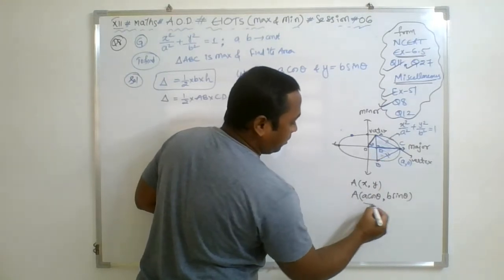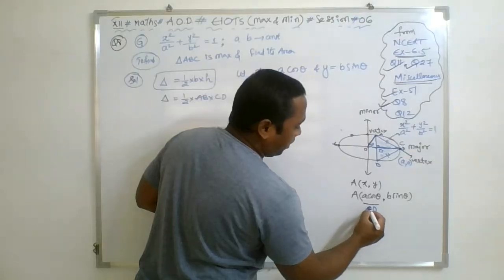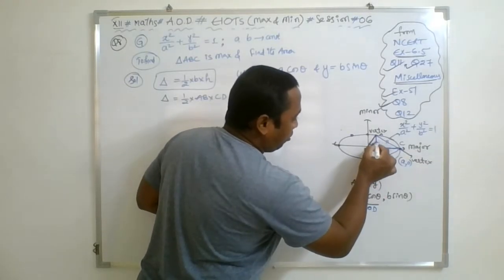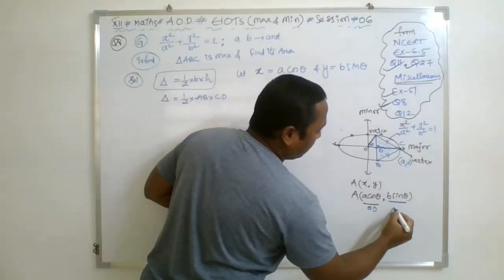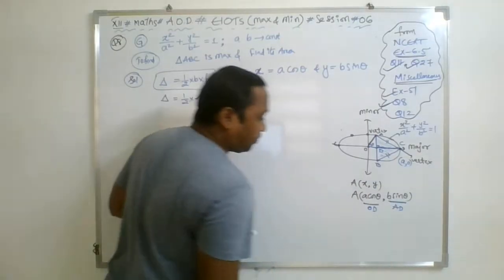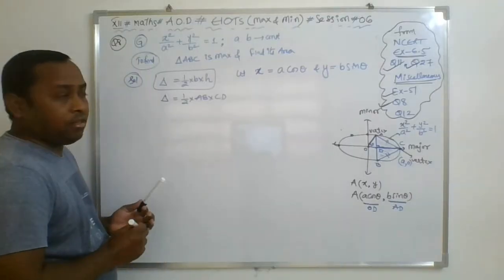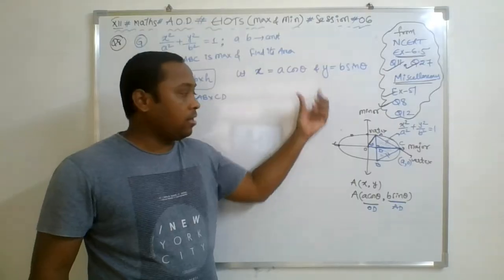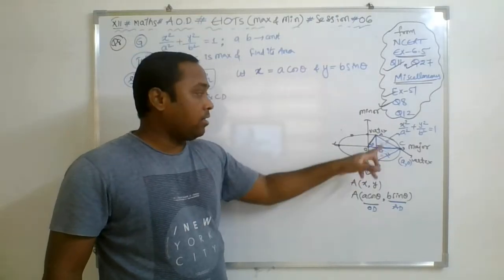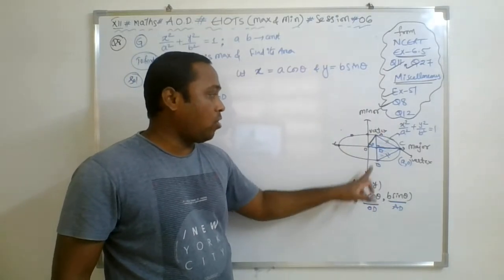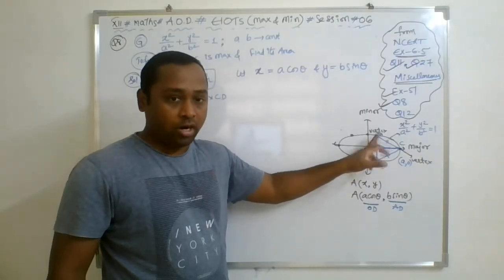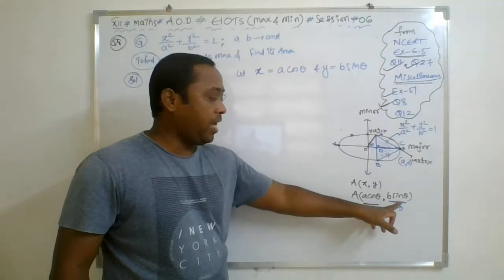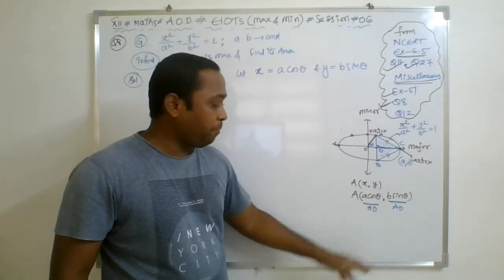The length of OD is a cos theta and the length of AD is b sin theta. Are you getting it? So if I take the parametric form, that is x comma y in terms of theta, then since A is in the first quadrant, the coordinates of A will be a cos theta comma b sin theta.